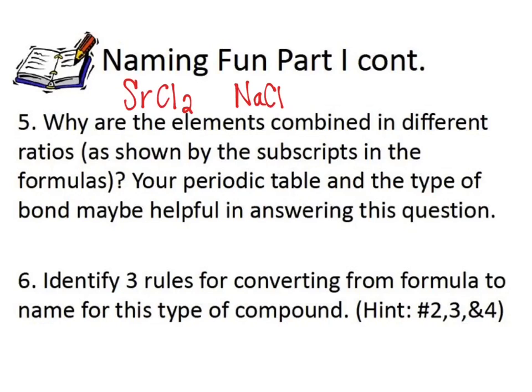What happens to the electrons in an ionic bond? They're not perfectly shared. What happens in an ionic bond? We transfer the electrons. When we transfer the electrons, what happens to our neutral atom? It now becomes a positive or a negative, which means it now becomes an ion.